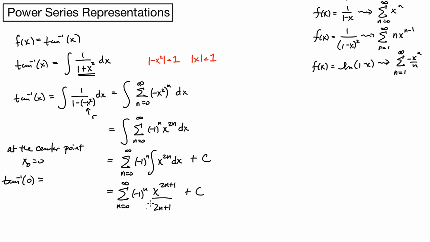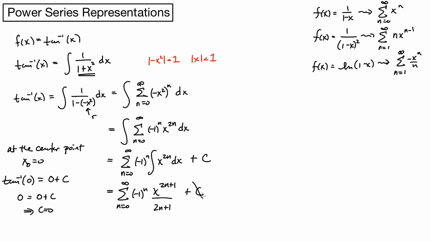The series representation when x equals 0 is 0 for all of this, but plus c. So tangent inverse at 0, this function at the center point, must match the power series at the center point. So tangent inverse of 0 is just 0 equals 0 plus c. That forces c to be 0.